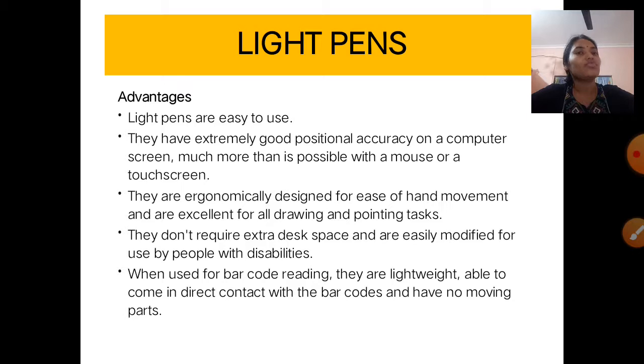When used for barcode reading, they are lightweight, able to come in direct contact with the barcodes, and have no moving parts. Okay, these are the advantages.